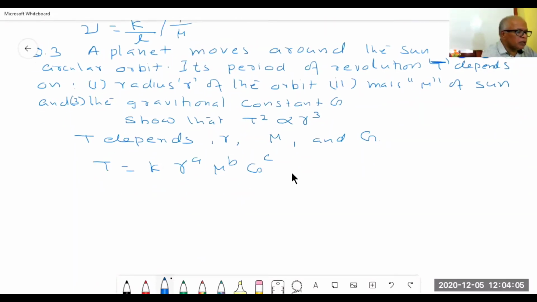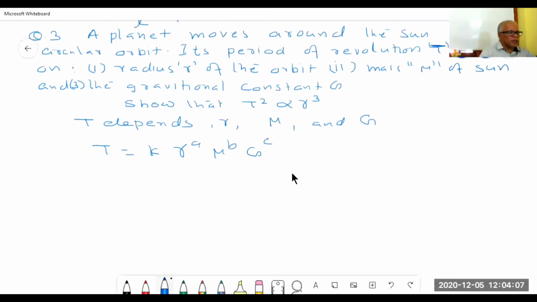Okay, put the values of all these things. What is the dimension of T? The dimension of T is M raised to 0, L raised to 0, T raised to 1, so it will be easy for the calculation. The dimension of r is L. The dimension of m is M, all of you know it.